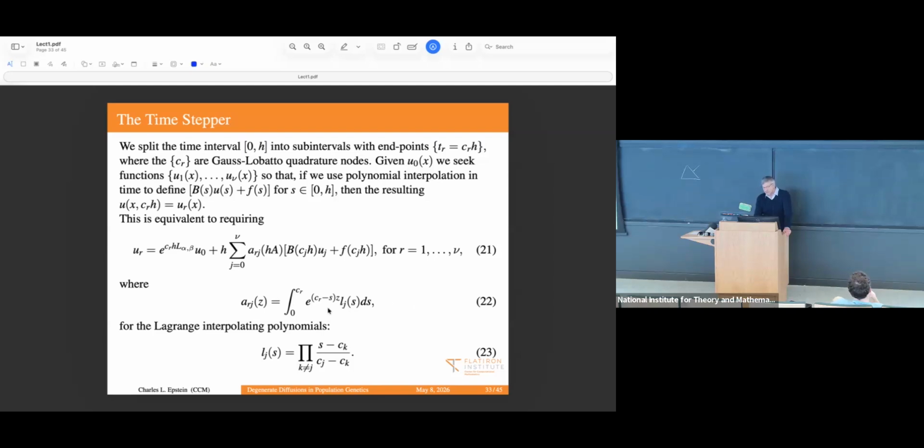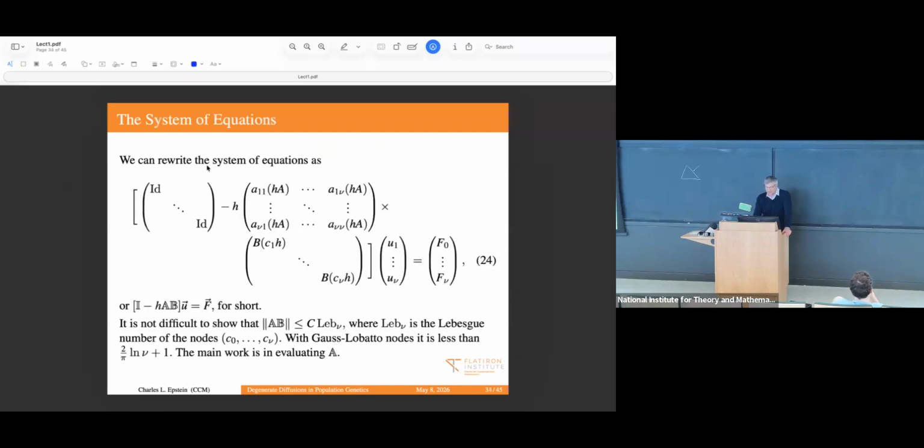So it's the heat kernel applied to the basis of interpolating polynomials. Okay, so this is how you find a linear system that you want to solve. But then you have to figure out how to compute these coefficients here, the a_rj of h alpha beta.